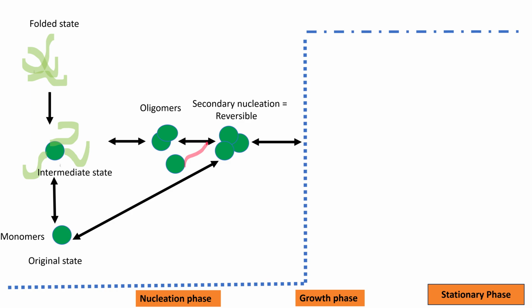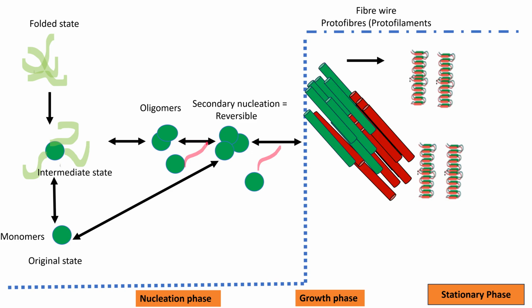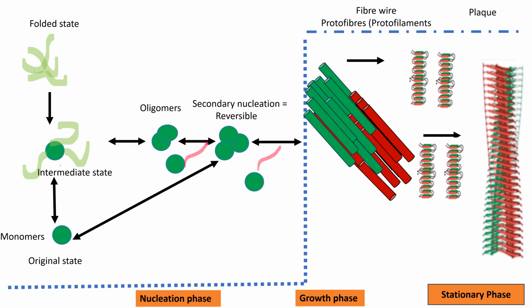And the polymerization is a rapid elongation phase. Monomers are rapidly added to the nucleus, forming elongated fibrils. This stage is exergonic and thermodynamically favorable. Fibrils can fragment and serve as new nuclei, accelerating aggregation.